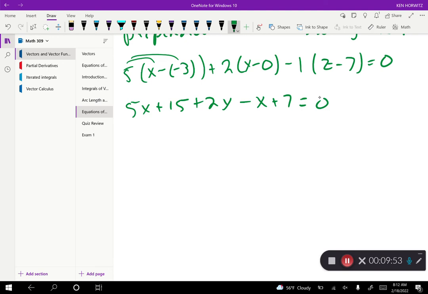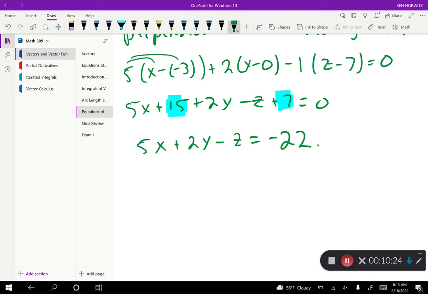And then I'm going to take my 15 and my positive 7, and I'm going to subtract them over to the other side. And I'm going to wind up with 5x plus 2y. I had a minus x over here. I should have put minus z. That's okay. It happens every once in a while. Just make sure that you're putting the right letters in the right places. And it equals negative 22.